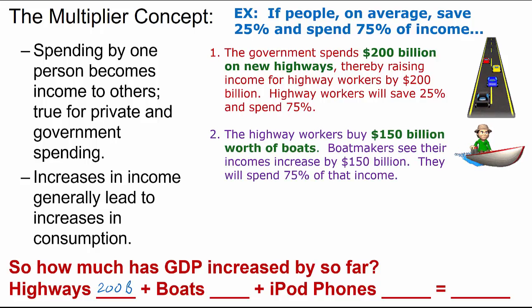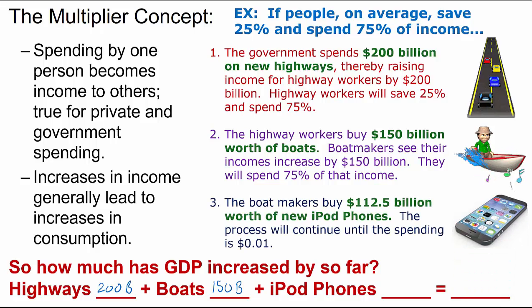So let's say they buy boats. When they buy boats, GDP goes up by another 150 billion. I got the 150 because it's 75% of 200. Remember, they're saving 25%, but they're spending 75%. The boat makers are going to see their incomes increase by 150, and so they're going to spend 75% of that income and maybe buy some new iPhones.